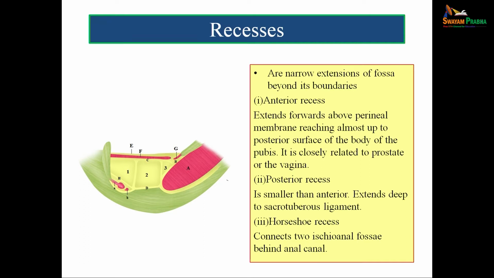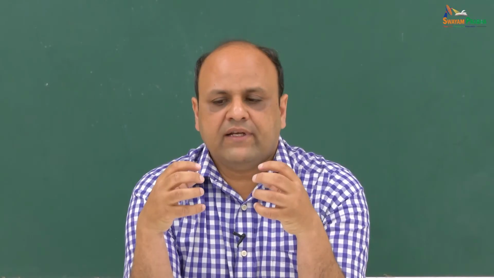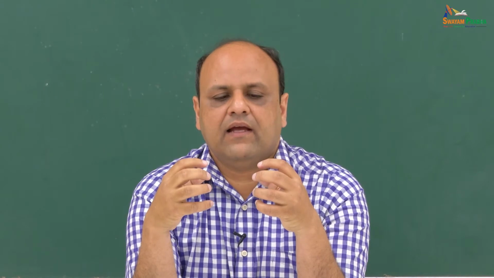As you can make out in the figure also, it is smaller than the anterior recess and it extends deep to the sacrotuberous ligament. So, there are two important recesses, anterior and posterior. If you have the ischiorectal fossa on each side and the gap between my two hands is the anal region, then the anterior recess is there and the posterior recess is there.